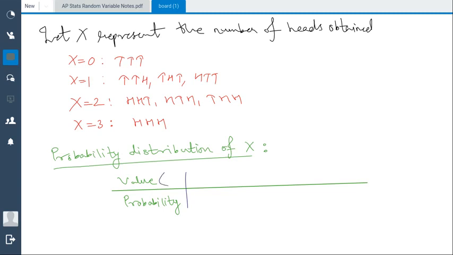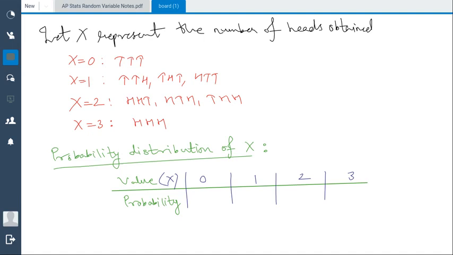Value of X. X is taking 0, X is taking 1, X is taking 2, and X is taking 3. My dear friend, when X is taking 0, what is the probability of X taking 0?